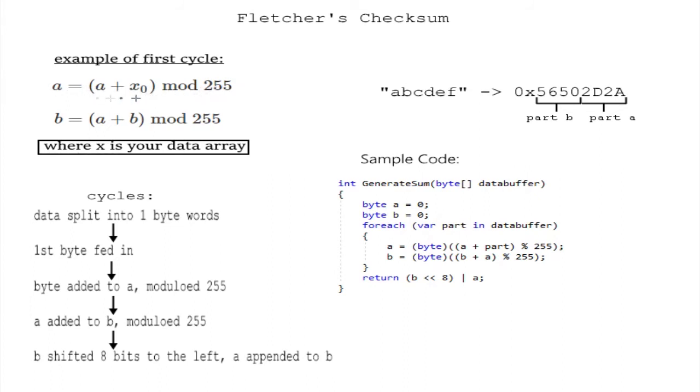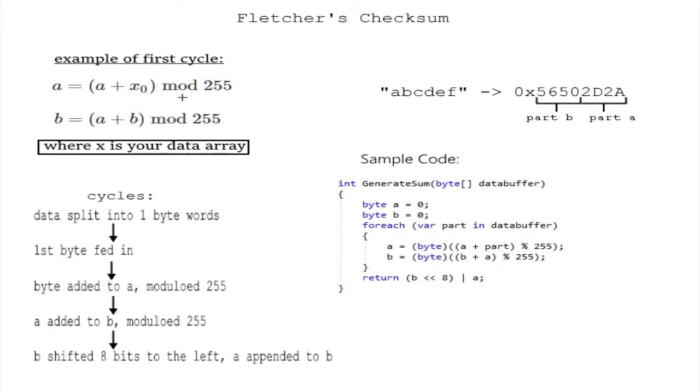This is all modulo 255. This is done to keep the value that we get within the range of 8 bits. It could actually be also 256. In fact, that would allow for more values if it was 256.